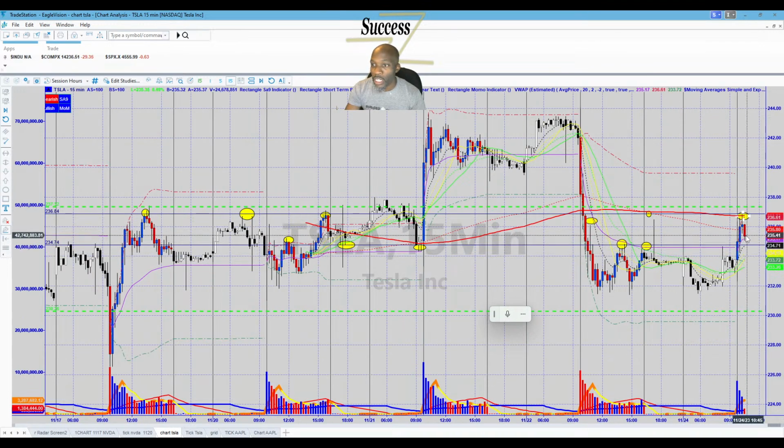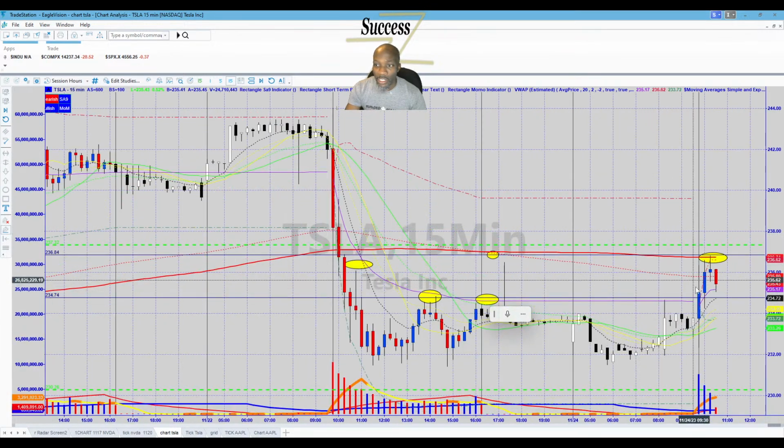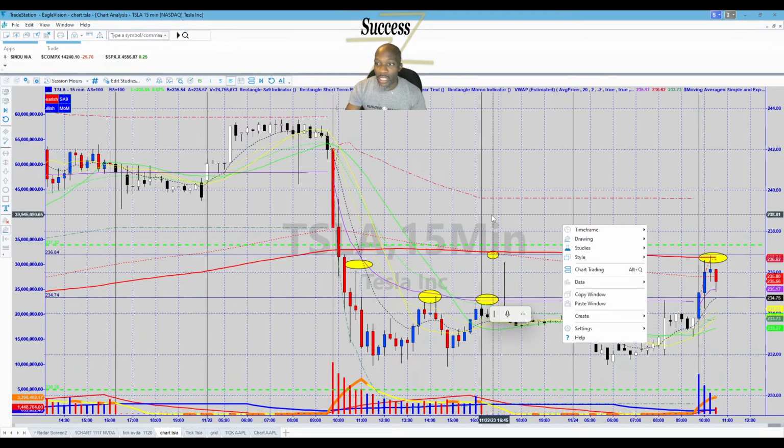So now it's retracing, but it's trying to trend up. Pretty good retracement here. So does it retrace back to this zone and then move up again? I think it's likely.